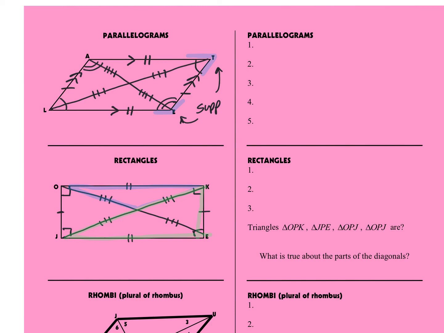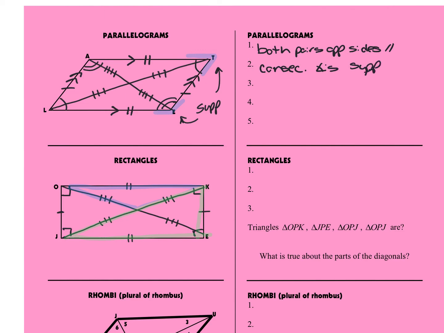So number 1, on a parallelogram, this is from our definition, both pairs of the opposite sides are parallel. The next, we want to remind ourselves that the consecutive angles are going to be supplementary.